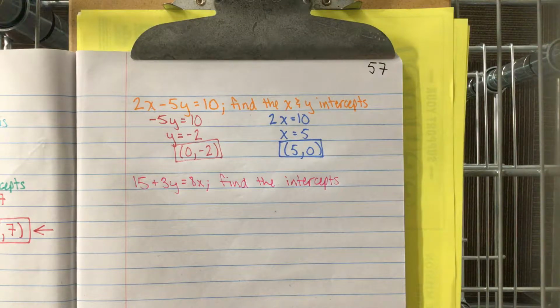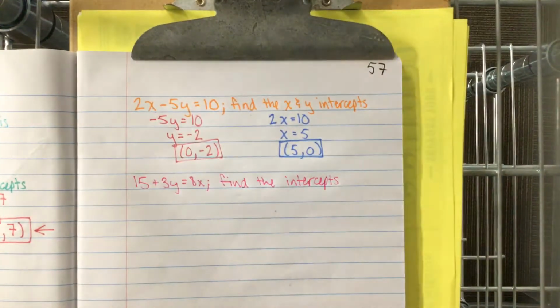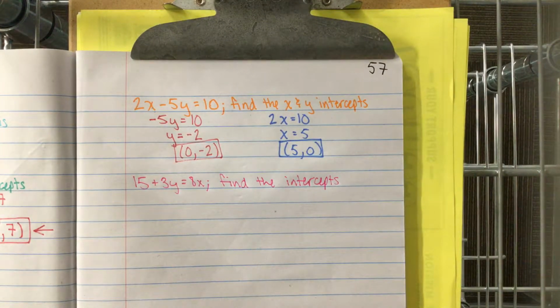Find the intercepts of 15 plus 3y equals 8x. Other questions? It's the same steps.